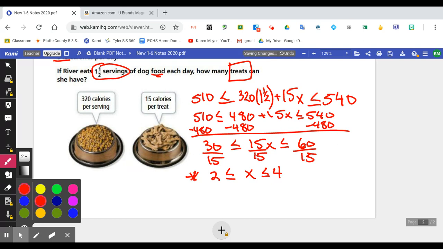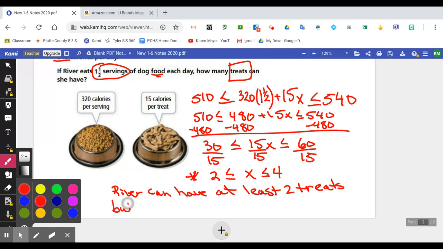Now, what does that mean? How many treats could we have? Well, the puppy, River. So River can have at least 2 treats, which means 2 or more treats.